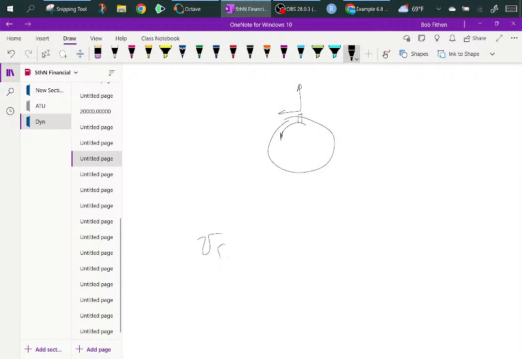The velocity of the fluid is equal to the velocity of the fluid relative to the person on the merry-go-round, I call it P, plus the velocity of the person on the merry-go-round. The person on the merry-go-round is going to experience omega cross R.